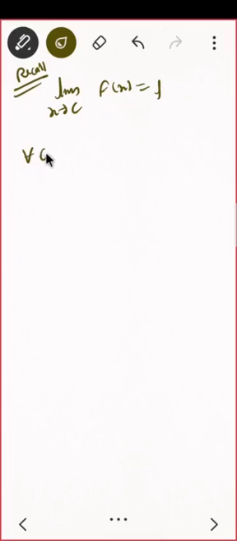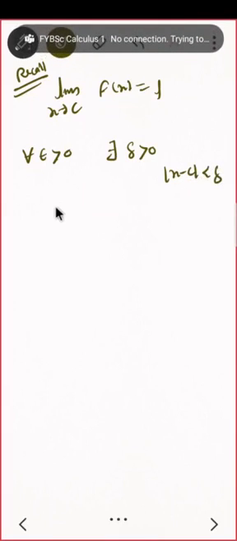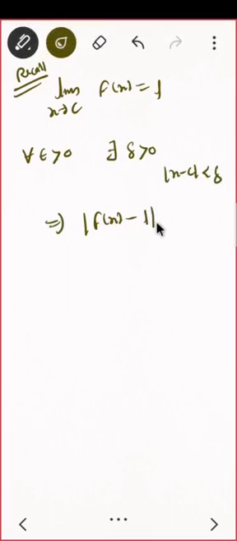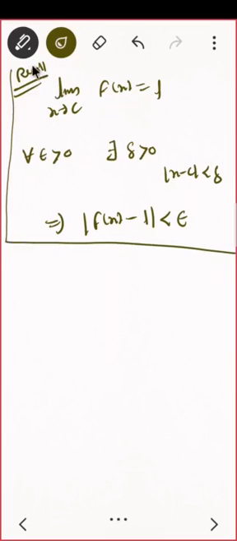For all epsilon positive, there exists delta positive such that mod of x minus c less than delta should imply what? Mod of f of x minus L must be less than epsilon. Do you remember this thing? Yes?